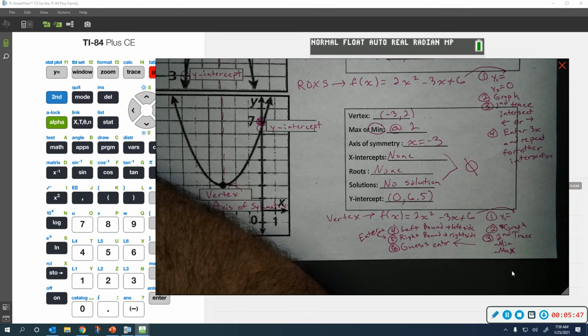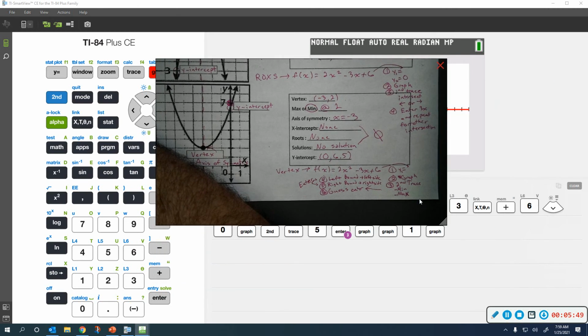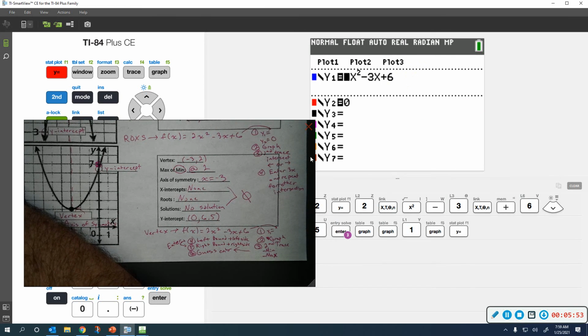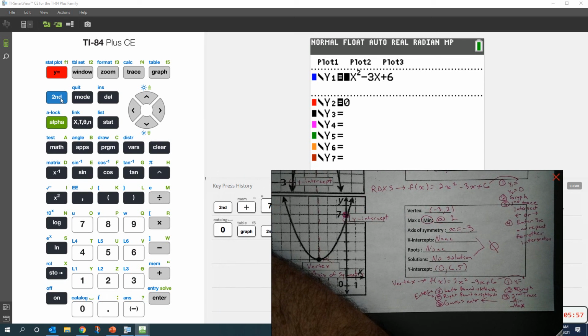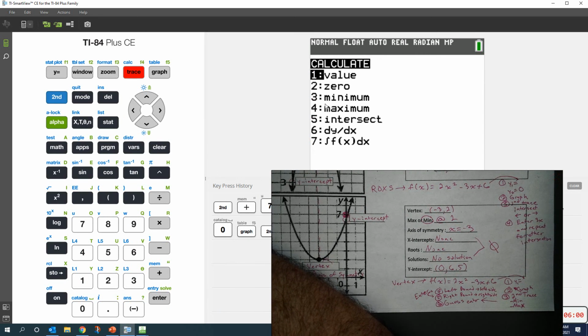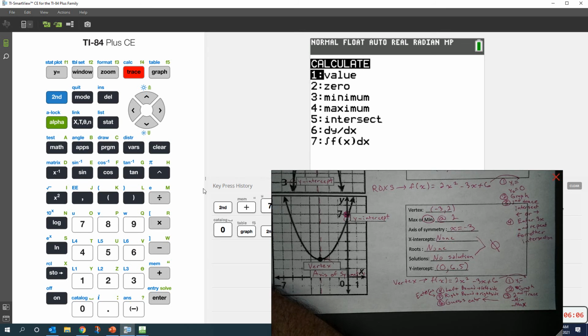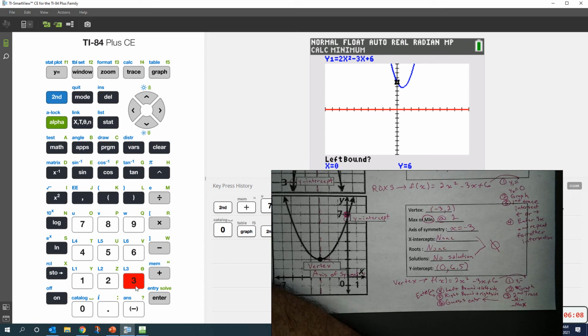Now let's go through those steps and find the vertex. So we went to y equals, I've still got my equation plugged in. Now I'm going to go to second trace. Now this one, since it was opening up, it's going to have a minimum, so go to number 3.